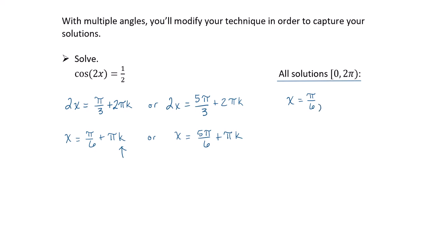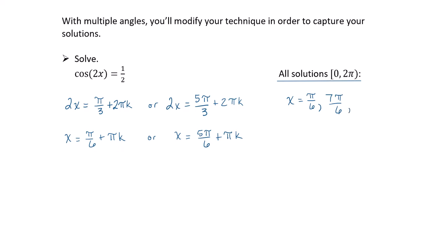Now if k is 1, then I'm adding pi to pi over 6, and that gets me a 7 pi over 6. If I make k 2, then I'm adding 2 pi to pi over 6, and that's going to get me over the 2 pi amount. So I've exhausted that formula. I've gotten all the angles out of it that I can.